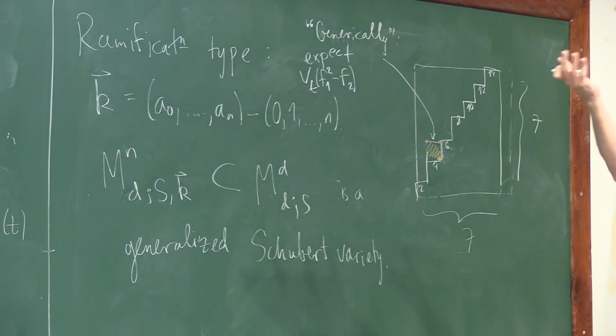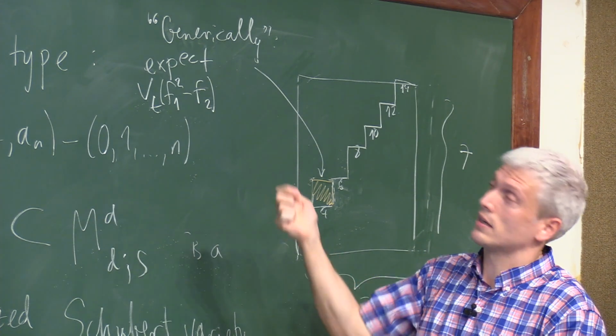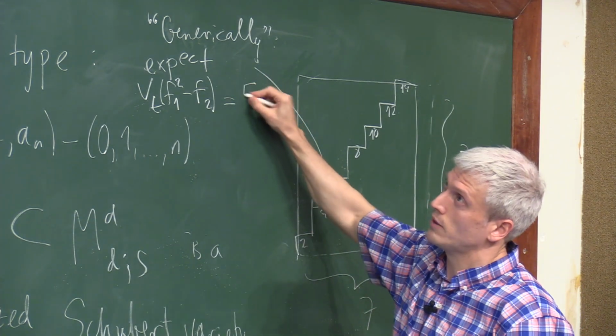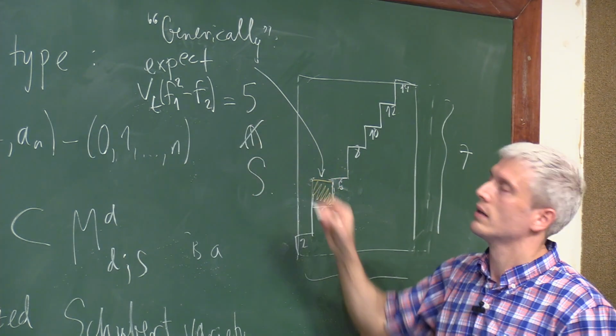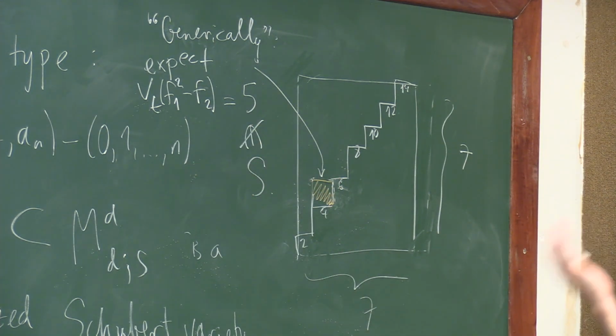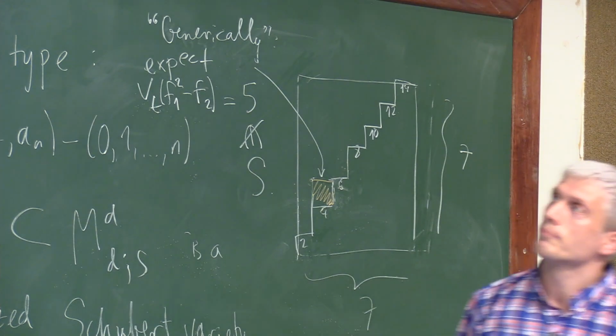When you compute f1 squared, it has the same leading term as f2. So you take the difference, and because of that cancellation, you would generically expect the vanishing order to be 5. The problem is that 5 doesn't belong to the semigroup. So there's a condition on coefficients that's imposed exactly such that you're not in this generic situation.